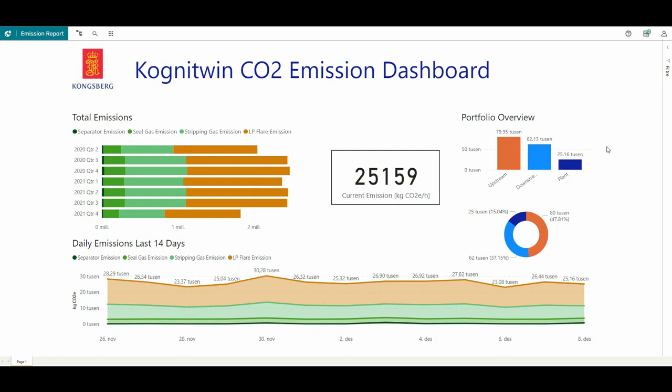If you have a broader portfolio, it's easy to split that up and have a breakdown type of structure there to see how your emission is evolving over time, and be in 100% control over your emission in a reporting perspective, either to governmental type of reporting or more on a business type reporting.